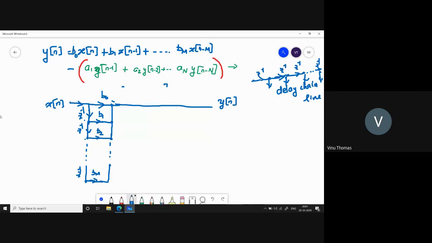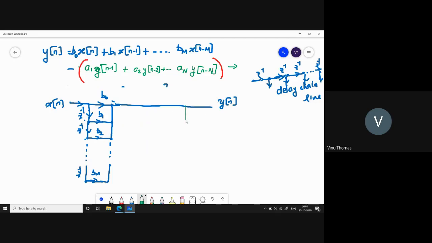Now what remains is to implement the other section, that is the recursive part. For the recursive part, you will require y of n minus 1, y of n minus 2, etc. So I will draw that using a different color.